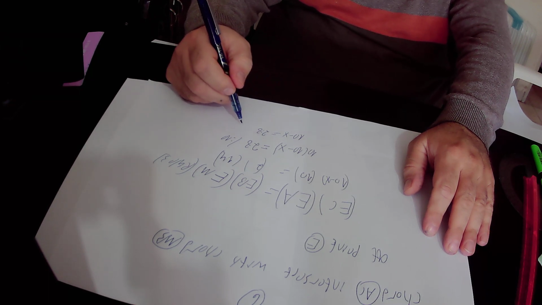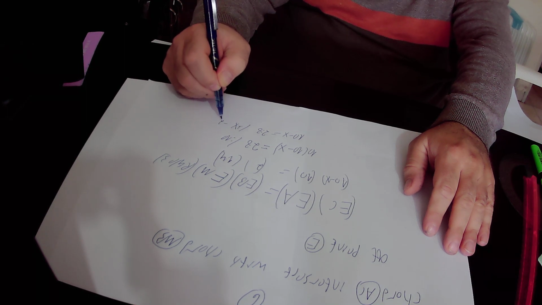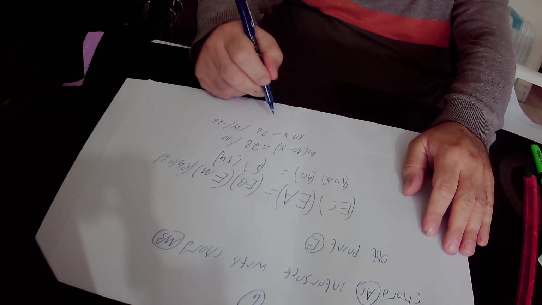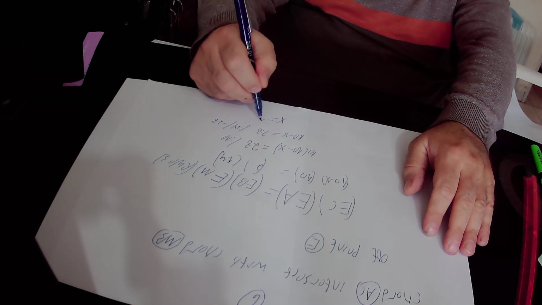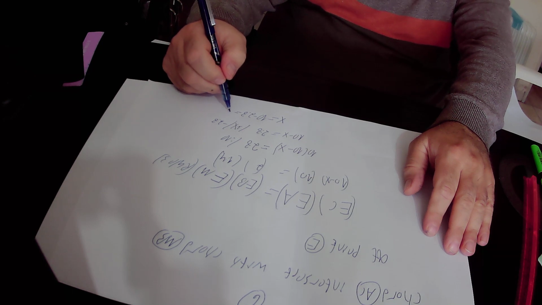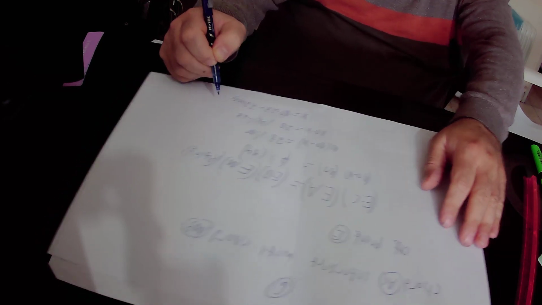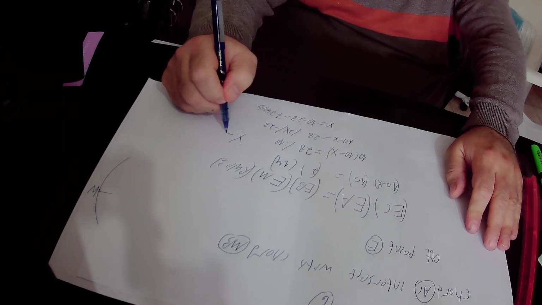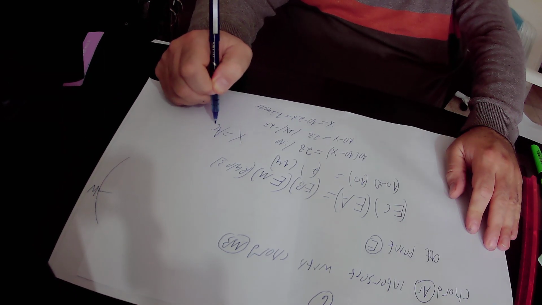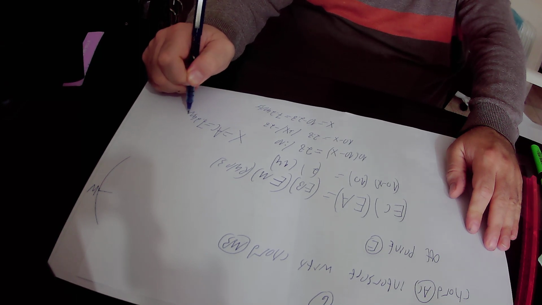Here we will add x to this equation and subtract 2.8, and we get that x equals 10 minus 2.8. 10 minus 2.8 is 7.2 units. So we found out that x, which is also equal to AC, is 7.2 units.